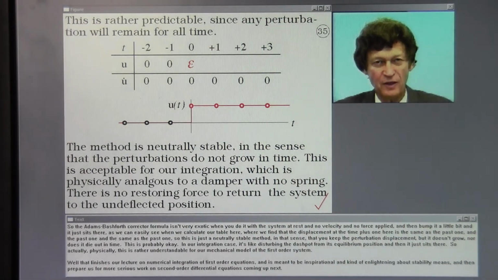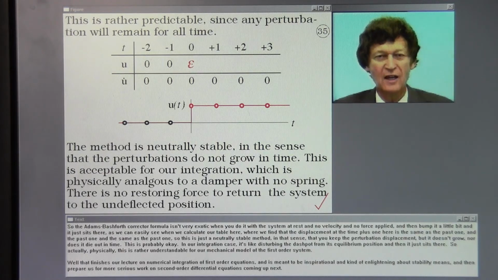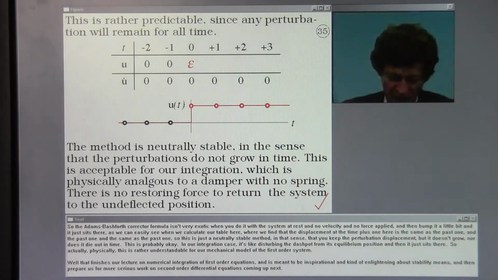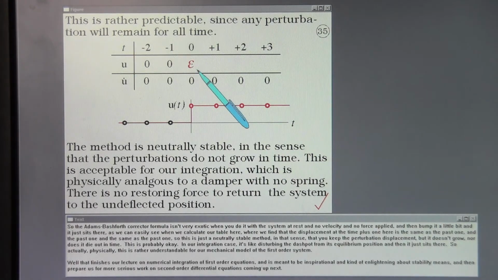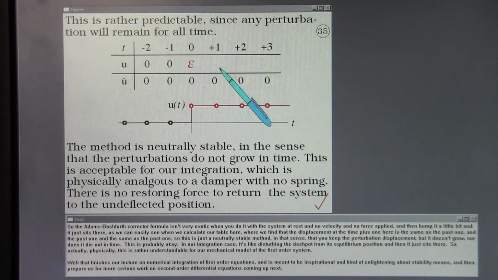So the Adams-Bashforth corrector formula isn't very exotic when you do it with the system at rest and no velocity and no force applied, and then bump it a little bit, and it just sits there, as we can easily see. When we calculate our table here, we find that the displacement at time plus 1 is the same as the past one, and same as the past one, and same as the past one.